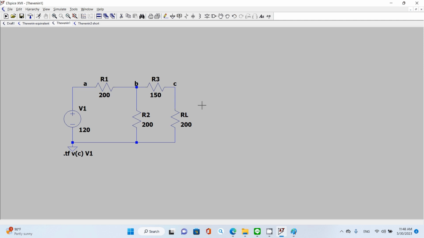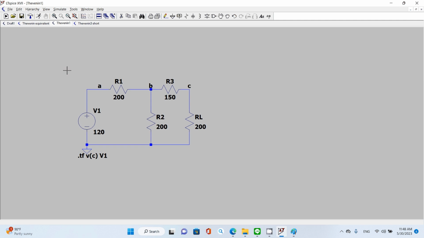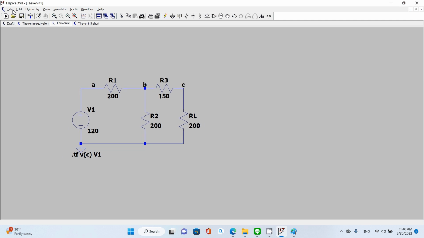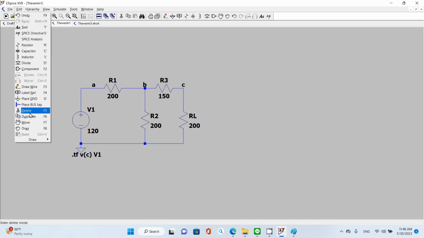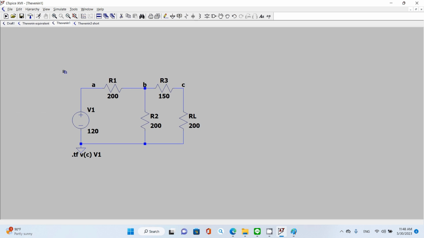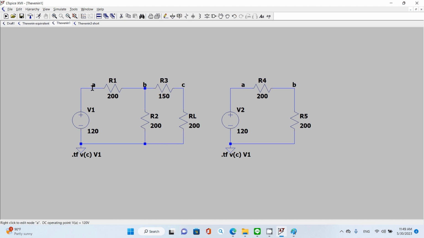Now if I want to do the Thevenin equivalent circuit, I simply copy this one. You go to edit, you go to duplicate, and then you copy all the components you're looking for. Left click to place, right click to stop. Got to be careful here: you cannot have the same node label.